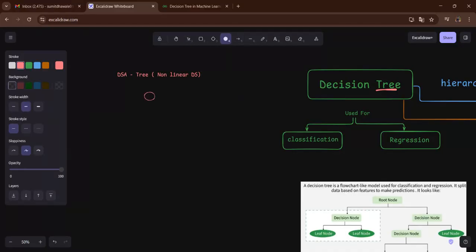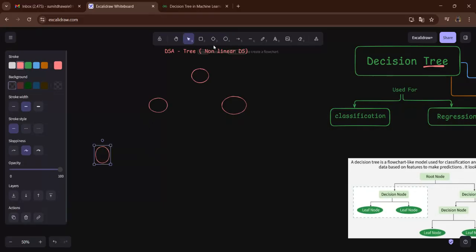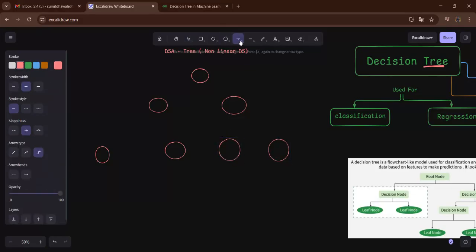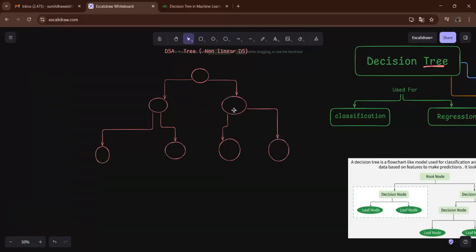How does a tree look? There are nodes, there are internal nodes, and there are leaf nodes also. The tree looks in such a way that it has a hierarchical form, a tree data structure which is non-linear.